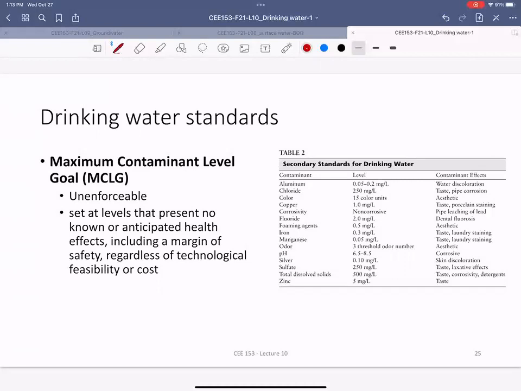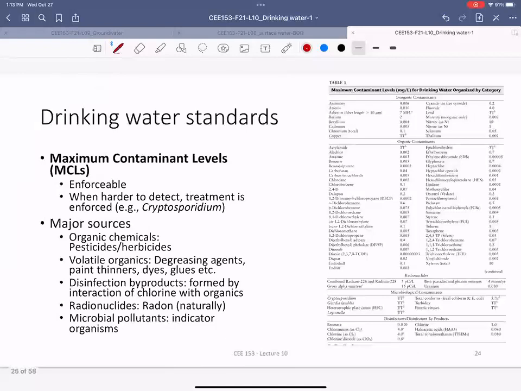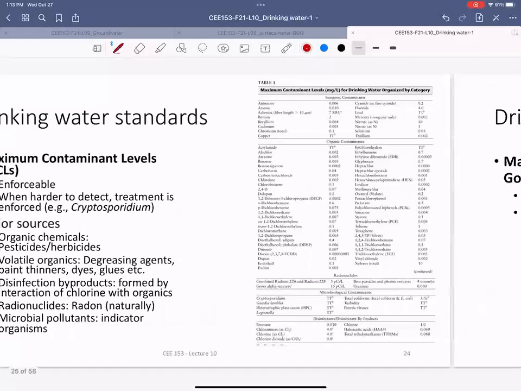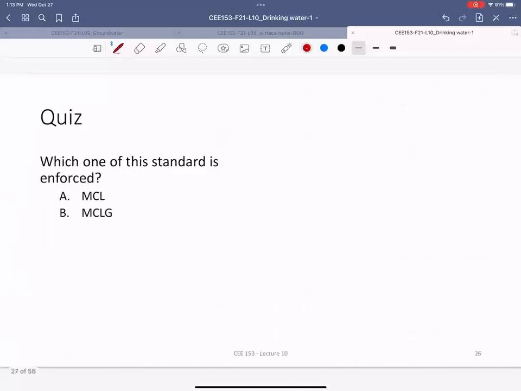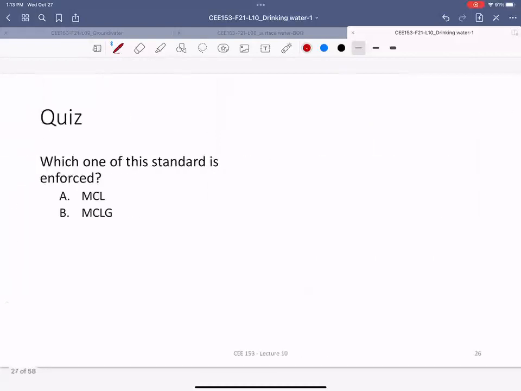That's a different way of managing it, a different class and policy for how they manage this kind of level. The other one is the maximum contaminant level, and you don't want to exceed that range. But anyway, this is just a quiz to show that the MCLG is not enforceable, so that you remember it.